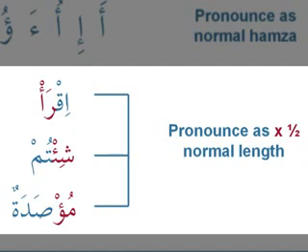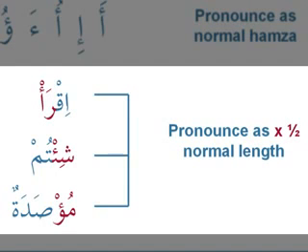So in all these three cases, we've got a sound followed by Hamza with Sakin. Okay, and we've done three examples, one with a Fatha, one with a Kasra, and one with a Dhamma. Now in the case you have a sound, and it will normally be a short vowel, so i.e. the Fatha, Kasra or Dhamma, and it's followed by a Hamza with a Sukun, i.e. Sakin. You effectively pronounce the sound of the short vowel at half the normal length.